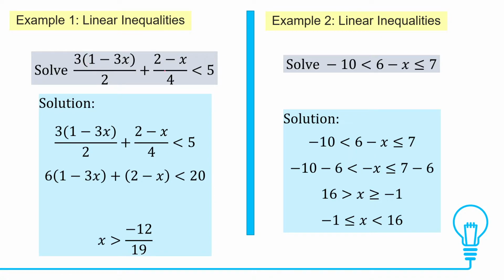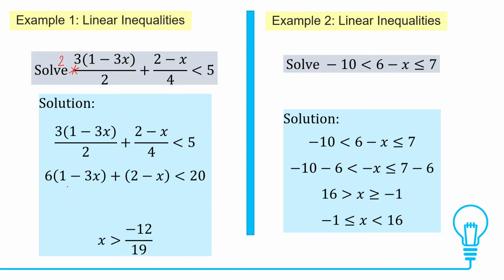We have 1 minus 3x over 2, and another one over 4. To solve this problem, I equate the denominators by multiplying with 2, so I have 3 times 2 is 6, and I can multiply my 4 to the other side, which becomes 20, and now I just solve normally.